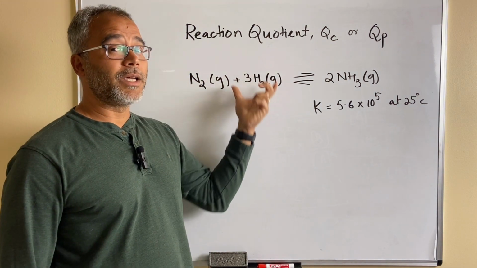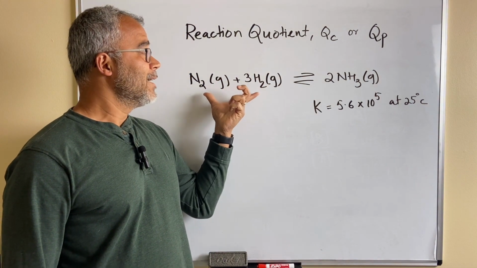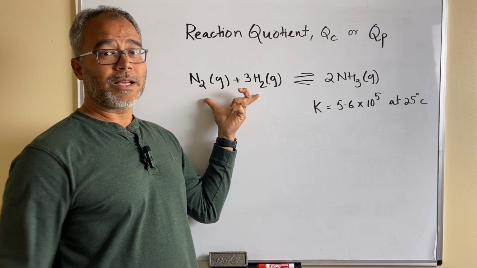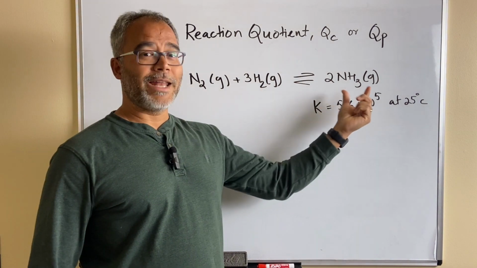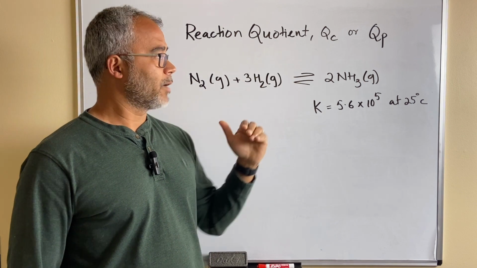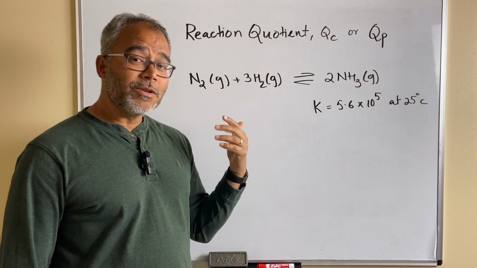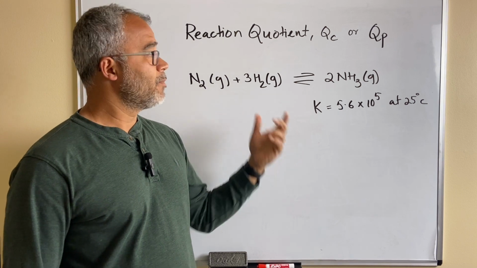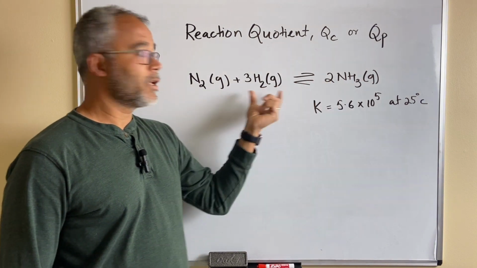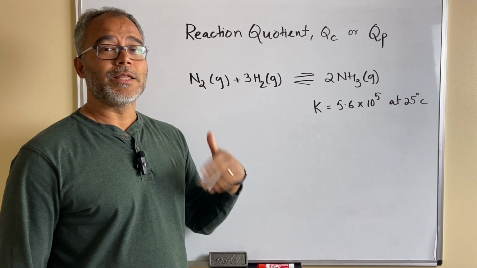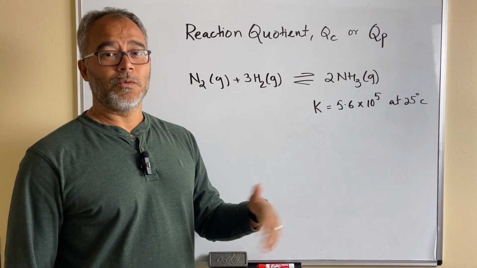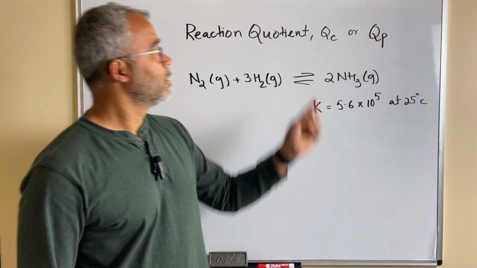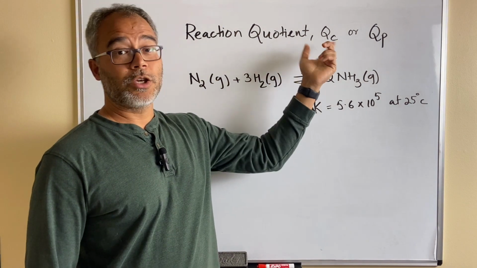And as they start being consumed over time to form the product, these reactants are going to deplete while the NH3 is going to increase. Okay? And if we had to determine what is the value of the equilibrium constant before these quantities became constant, then we would get something which we call the reaction quotient, which is represented by Q.